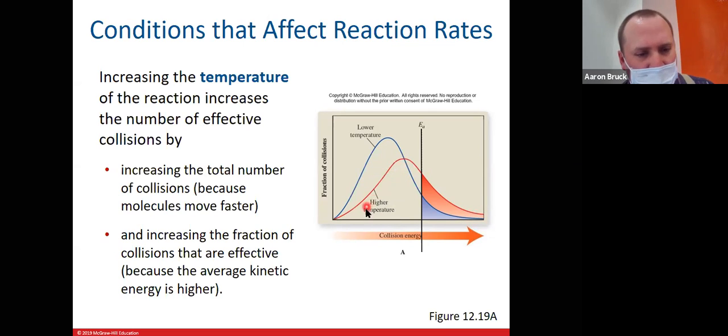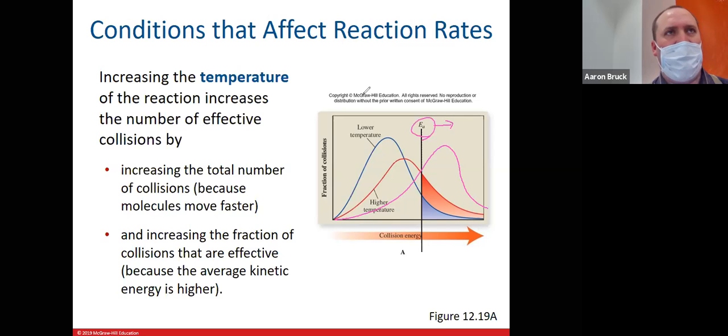And as I increase my temperature, I will see that this line creeps more and more onto the other side of activation energy. So the more I increase the temperature, the more energetic the collisions become, the more of those collisions are going to be ones that result in a chemical reaction.